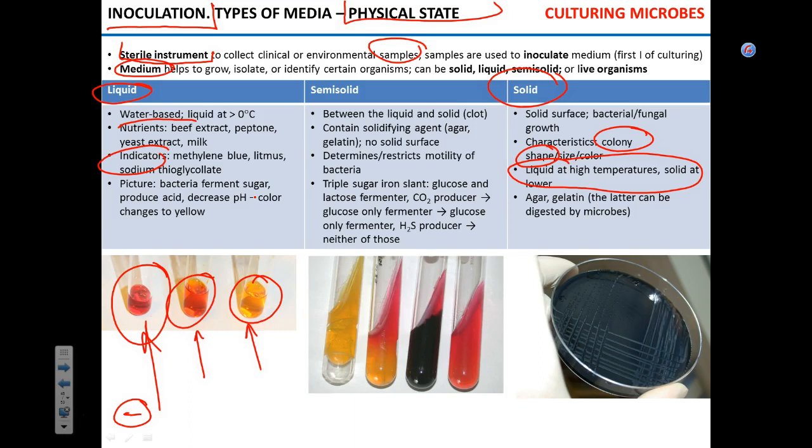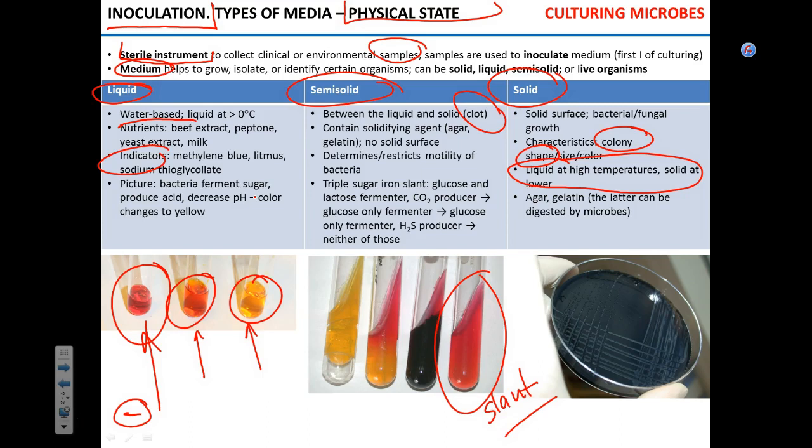Does that make sense? Now, this is semi-solid. Semi-solid, the best characteristic that I could find, is that it's a clot. This way of pouring the medium into a tube is often called a slant, because it's inclined.